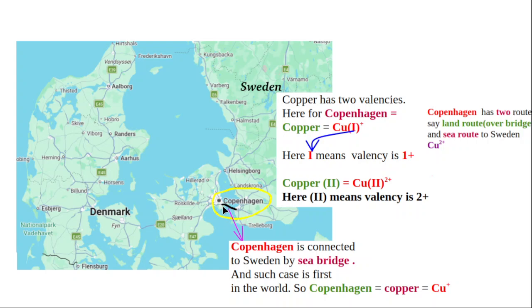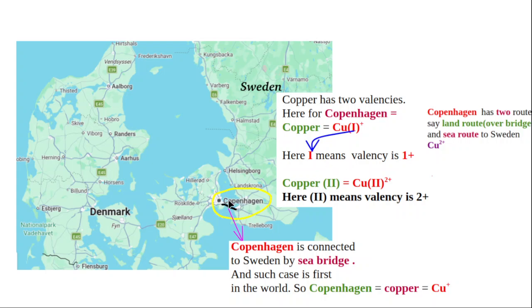Therefore, the people of Copenhagen can go to Sweden by boat or by bus, by road or through the sea route.